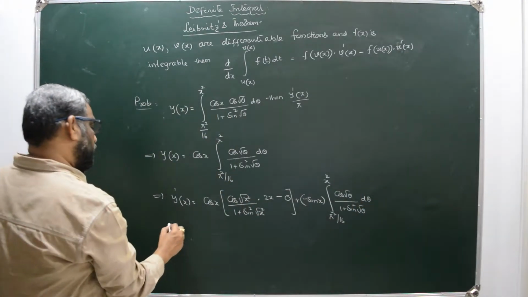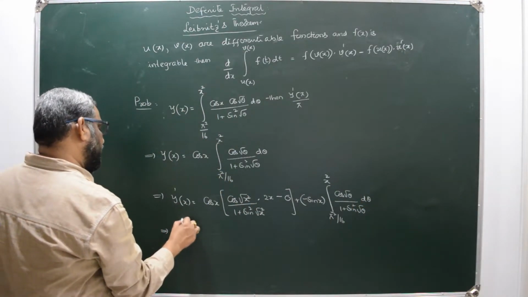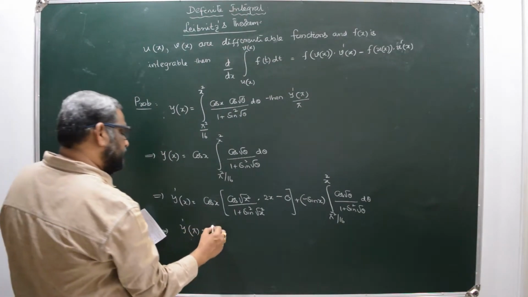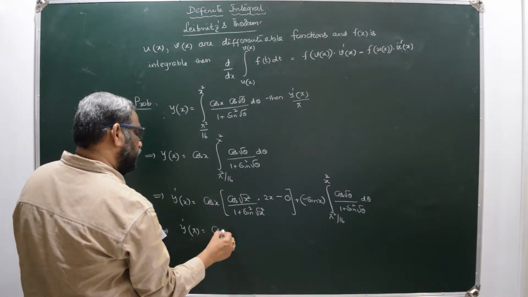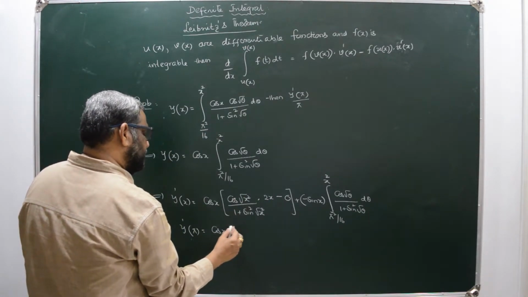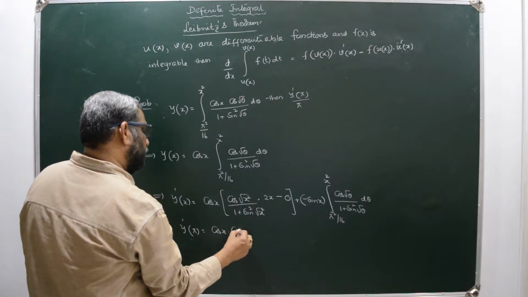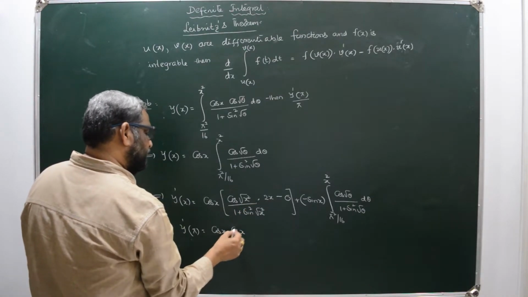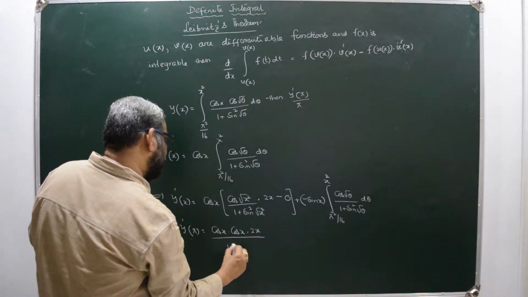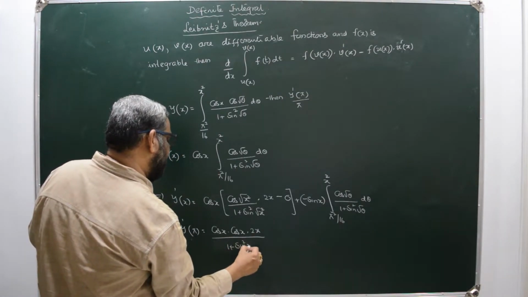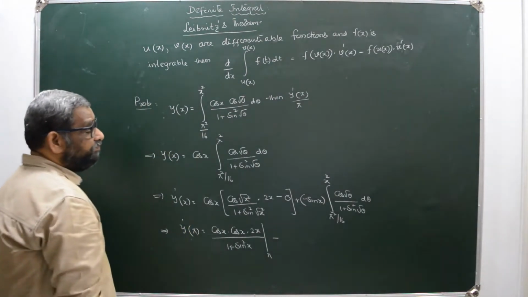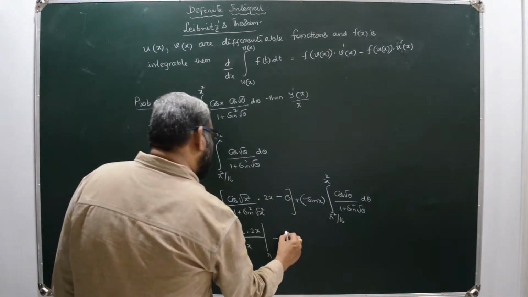So now I'll consider y'(pi). This is cos x into this, which will become 0, so you can write root x square into cos x into 2x by 1 plus sin square x at pi, minus, this is 0, this is sin pi.